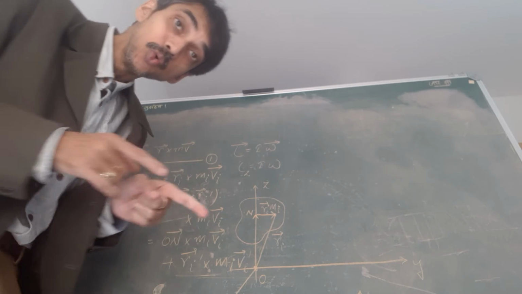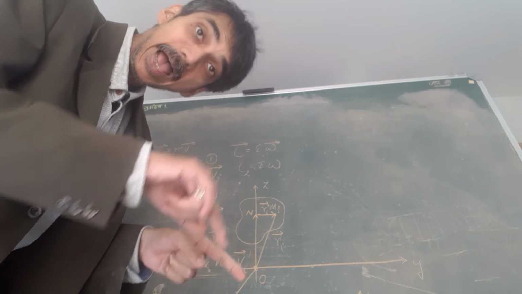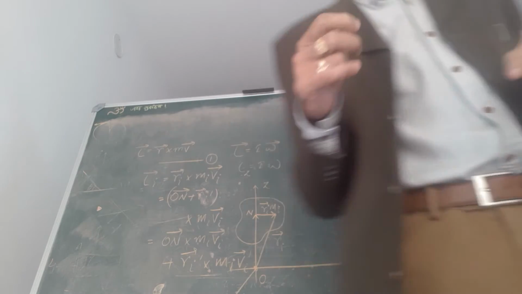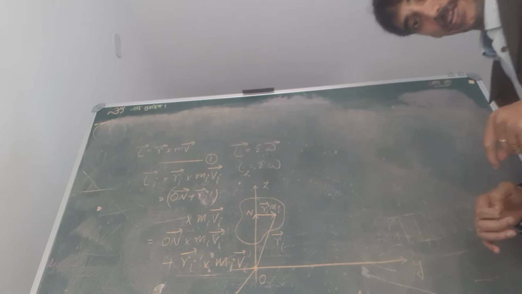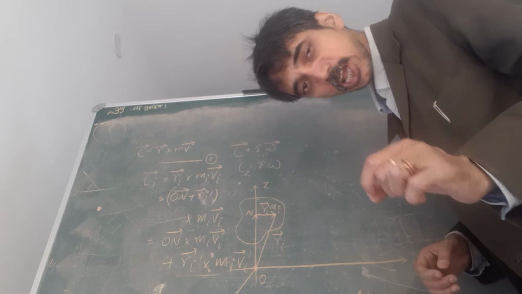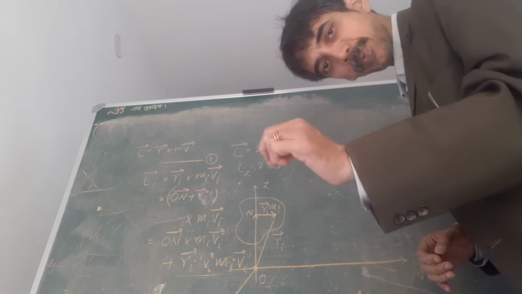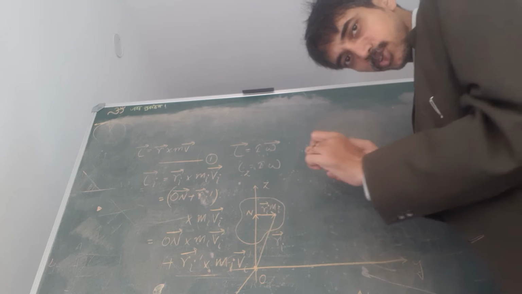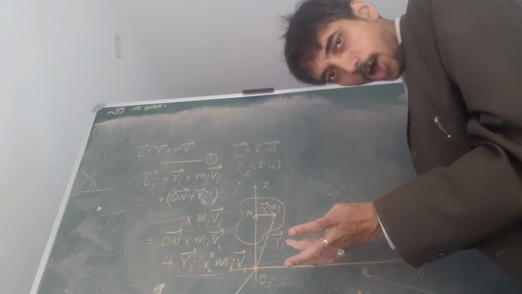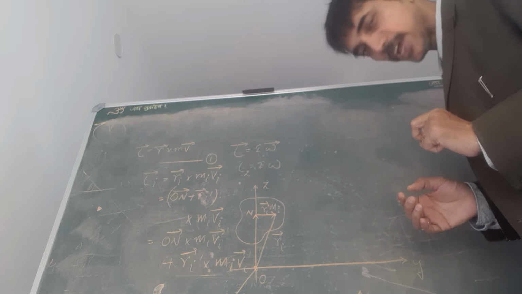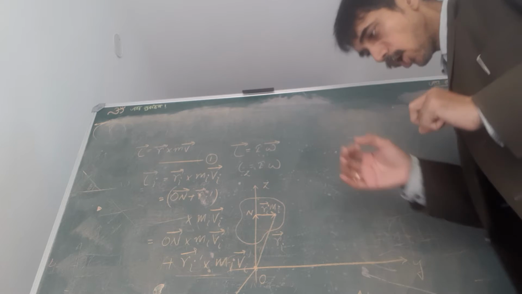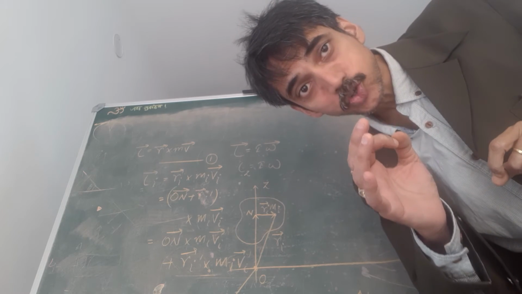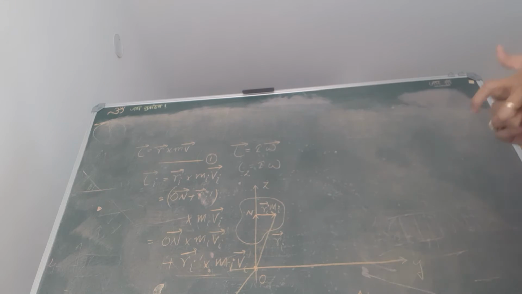So one is towards the axis of rotation and the other is along the axis of rotation, and this is no exception to the particle that we have taken. This holds true for any particle whichever is taken. Whichever particle of the body you take, you will get two vectors associated with it. One will be towards the axis of rotation and the other along the axis of rotation.